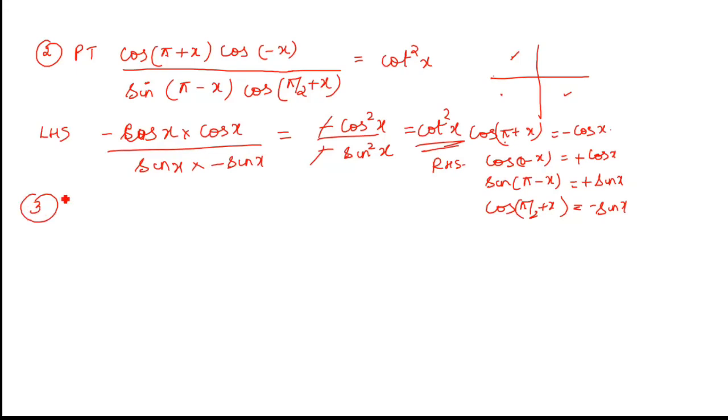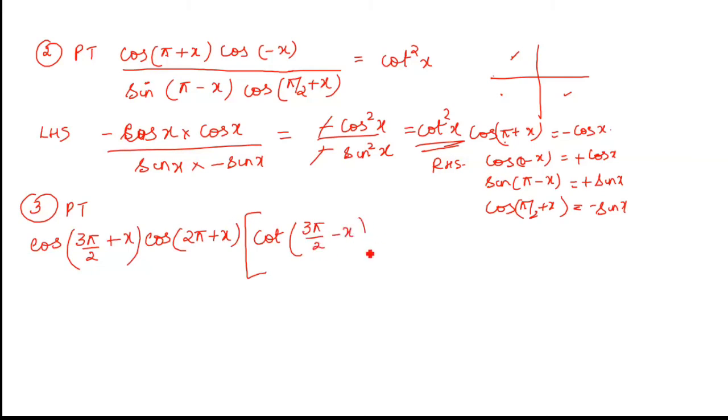Prove that cos (3 pi by 2 plus x) into cos (2 pi plus x), whole bracket, divided by cot (3 pi by 2 minus x) plus cot (2 pi plus x) is equal to 1. 3 pi by 2 means 270.